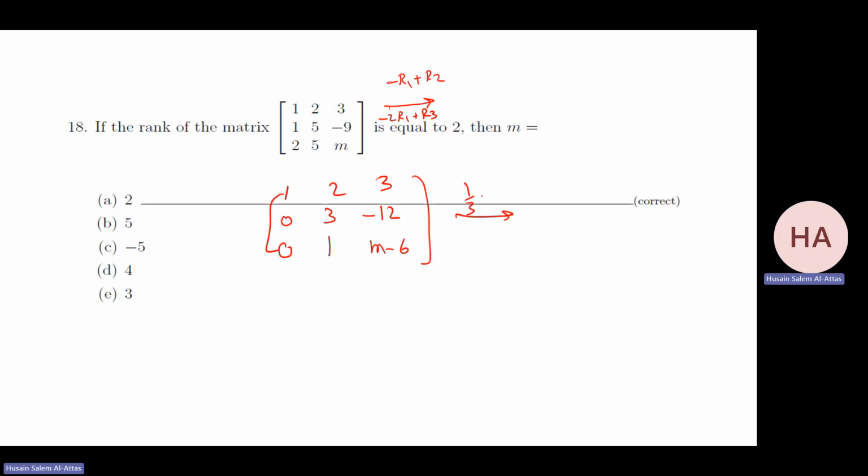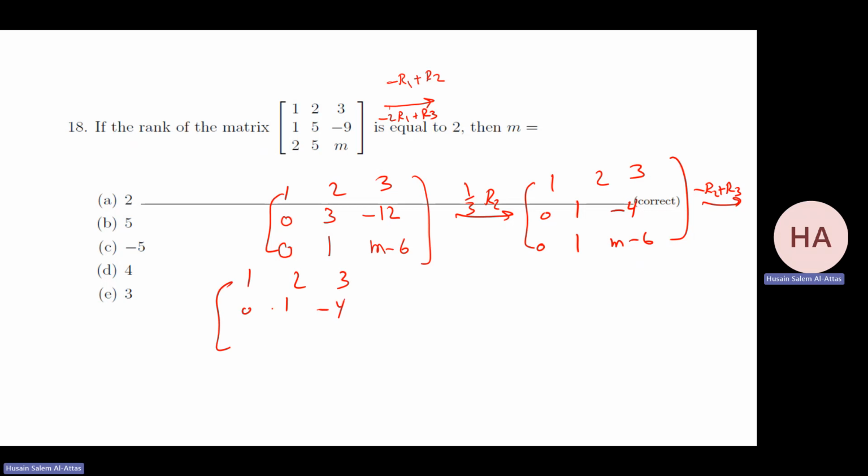Now divide the second row by 3 to make it 1. I have minus 4, 0, 1, M minus 6. Multiply the second row by minus 2 and add it to the third row. So I have 1, 2, 3, 0, 1, minus 4. Minus 1 add, that will be 0.